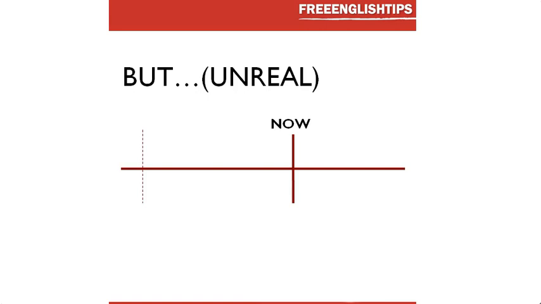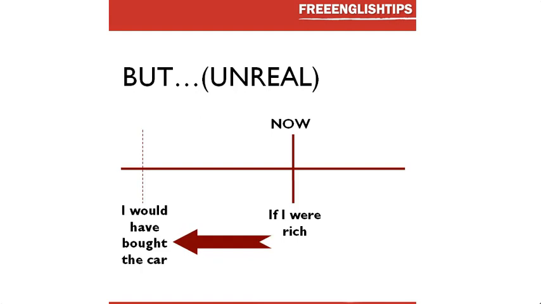It's not true. If I were rich now, today, if I were rich today, condition 2, I would have bought the car yesterday. If I were rich, I would have bought the car. This is a mixture of condition 2 and condition 3. Really important.